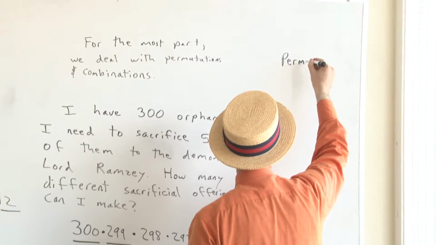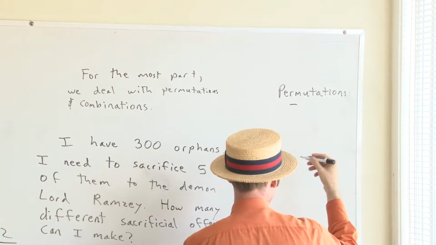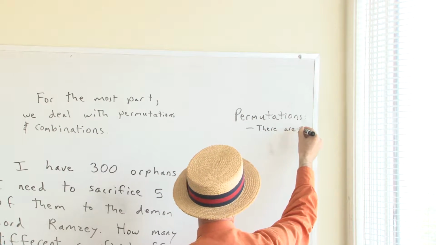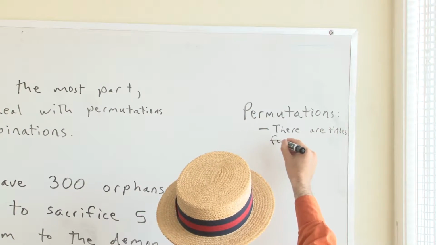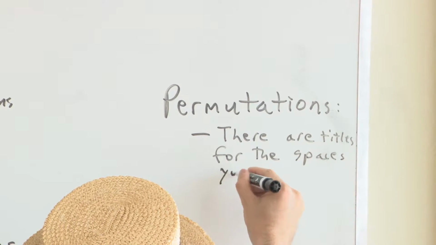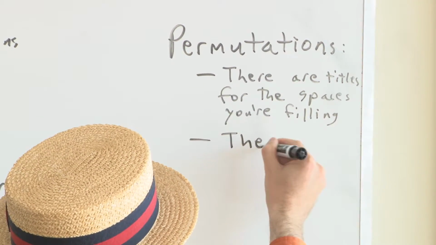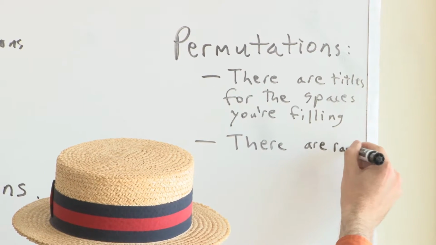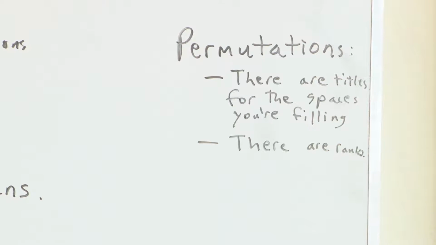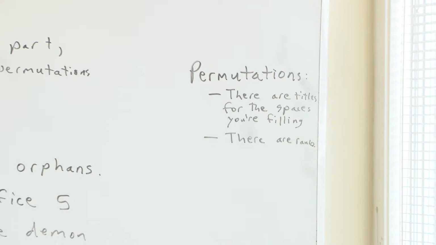So with permutations, if you have just a random problem, you can usually tell it's a permutation by their titles for the spaces you're filling. President, vice president, things like that. Or there are ranks. If we're in the Olympics and 12 people are running and we need to choose a first, second, and third, well, there are our ranks: first, second, third.